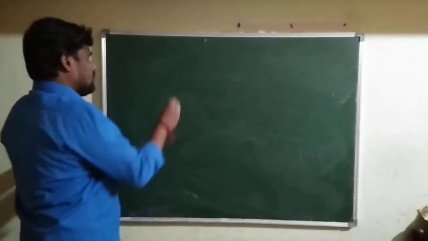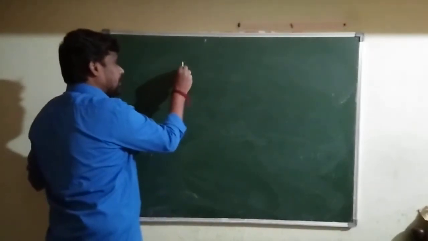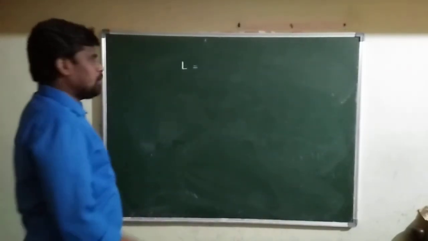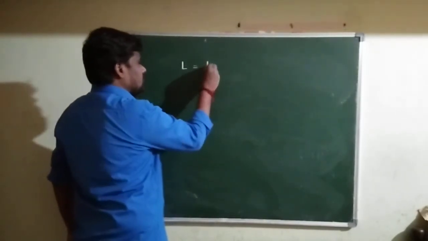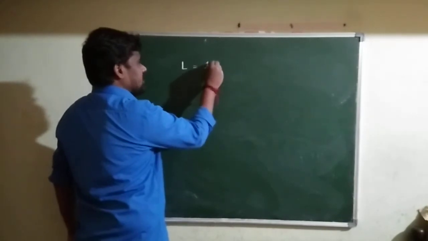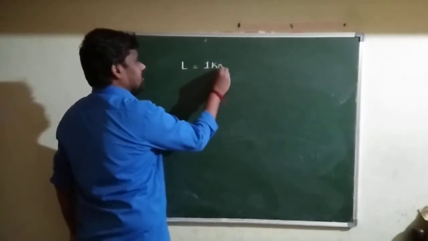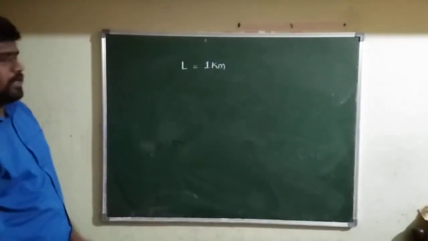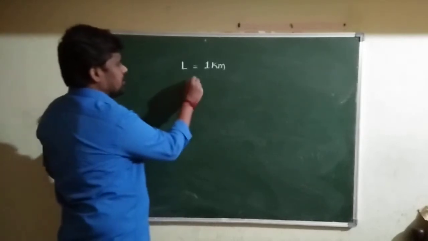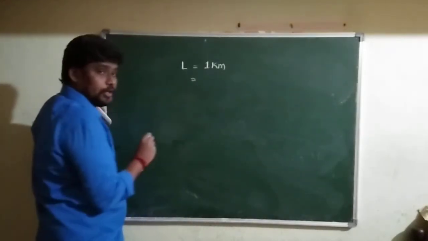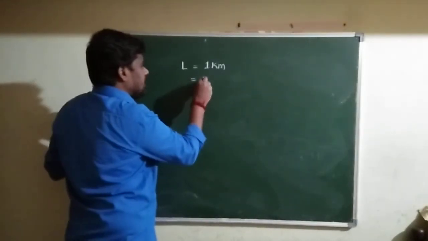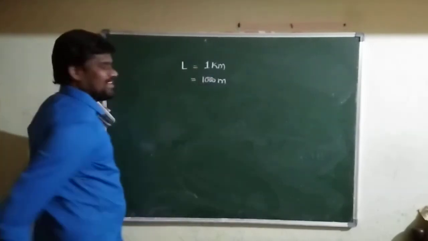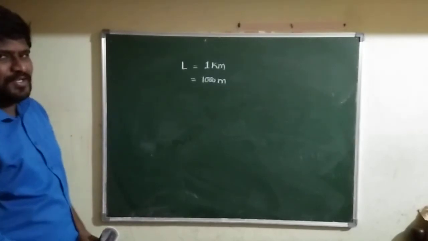Let me take one simple example here. I will write the length between 2 points as 1 kilometer. The same 1 kilometer length, I can write as 1000 meter.